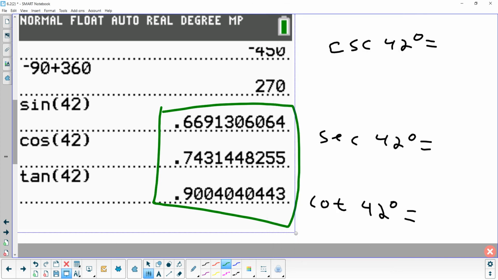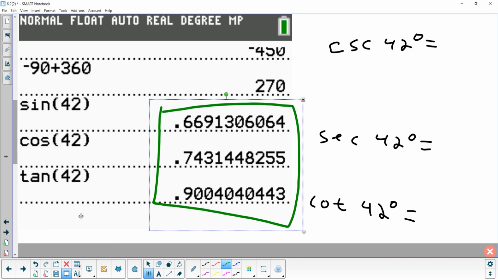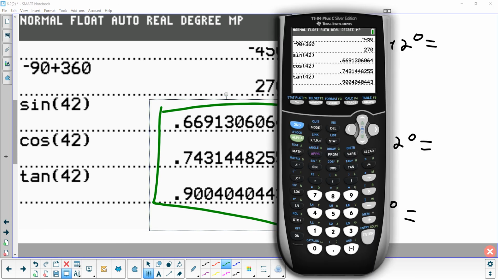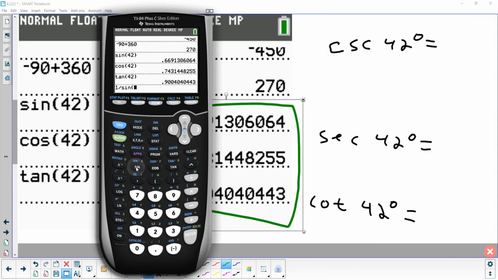So, how did we find the cosecant if we knew the sine? What did we do? It's just the reciprocal. Do it exactly the same way. 1 divided by the sine of 42. There's your cosecant. 1 divided by the cosine of 42. There's your secant. 1 divided by the tangent of 42.